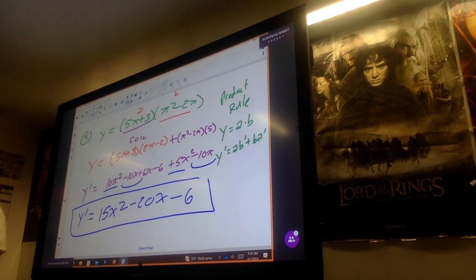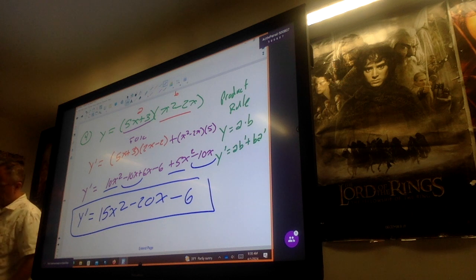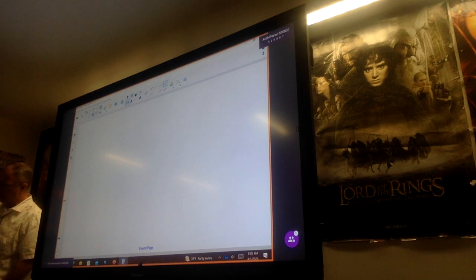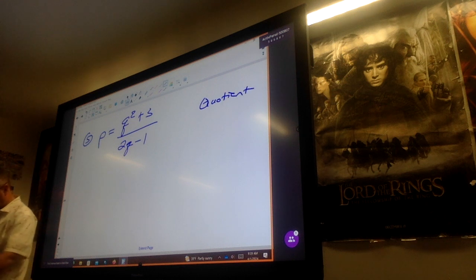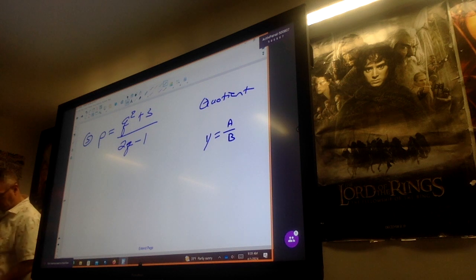Questions so far? We good? Number 5, we have P is equal to Q squared plus 3 over 2Q minus 1. This is a fraction, so we're going to use the quotient rule. And the quotient rule is if I have y equals a over b, where a and b are some sort of polynomials.